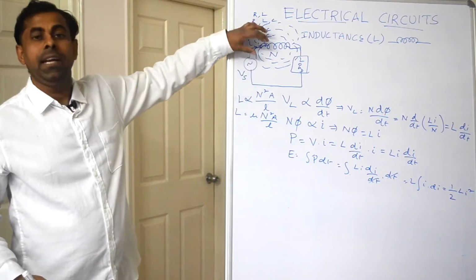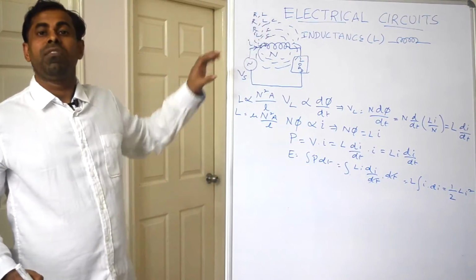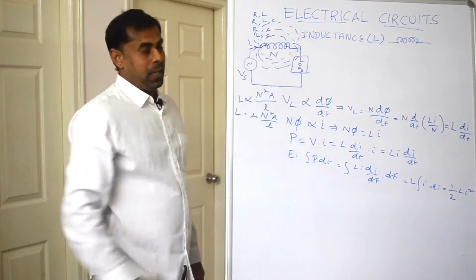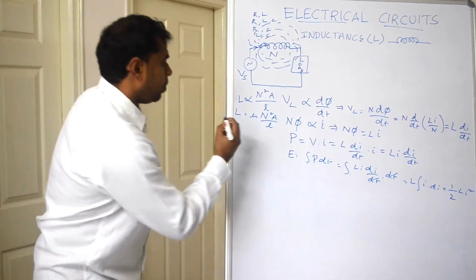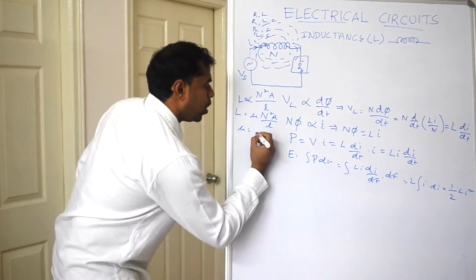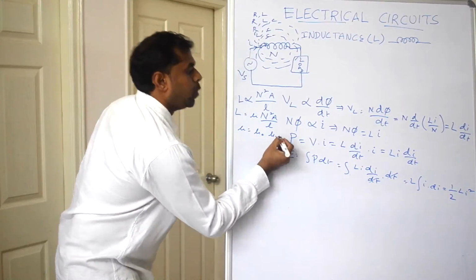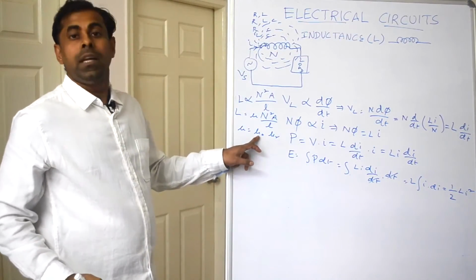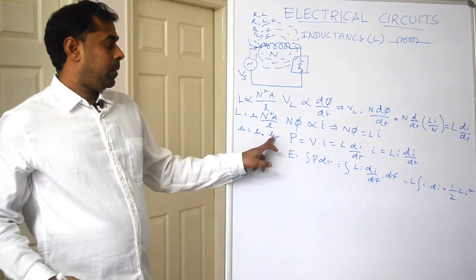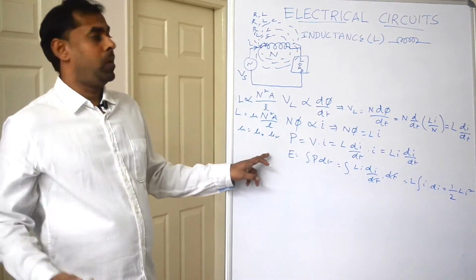Permeability is the ability to support the formation of a magnetic field. Mu contains two components, mu naught and mu r. Mu naught is the permeability of air. Mu r is the relative permeability.